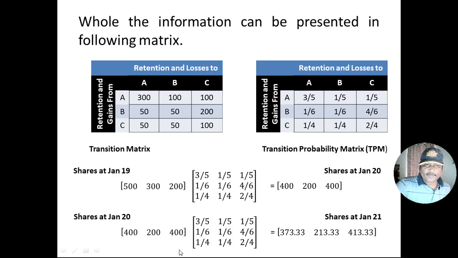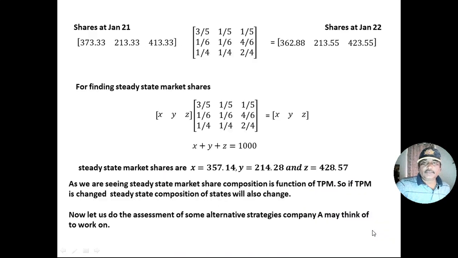Likewise, company C, in 1st January 19, was 200, then it increased to 400, then 413, then 423.55. Now, the market shares of A and B are dropping and company C is increasing.